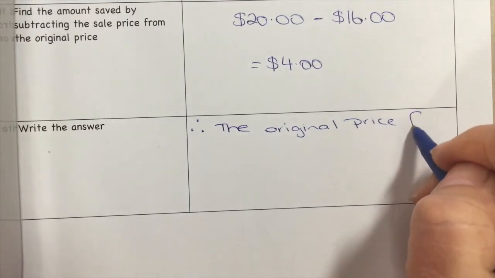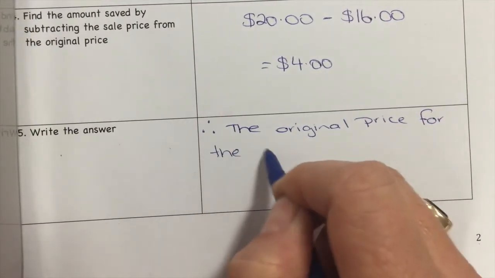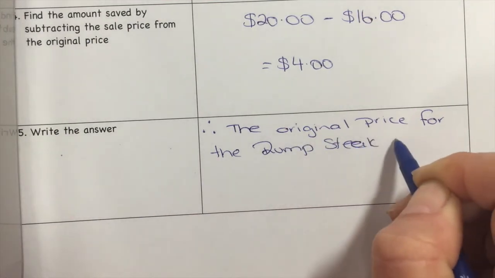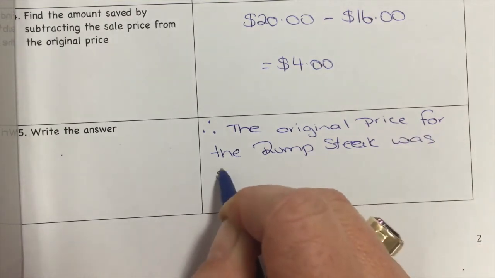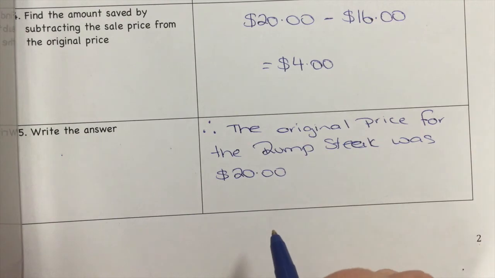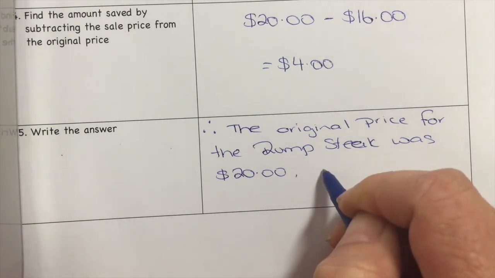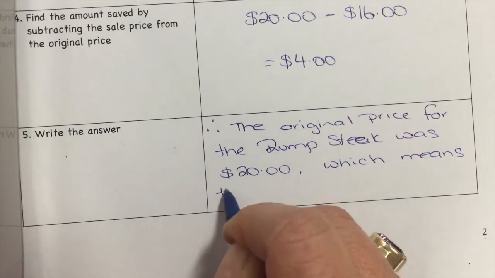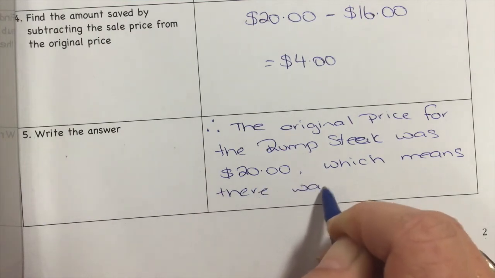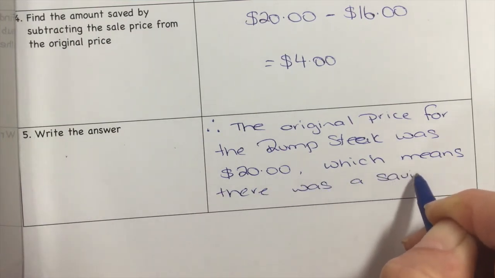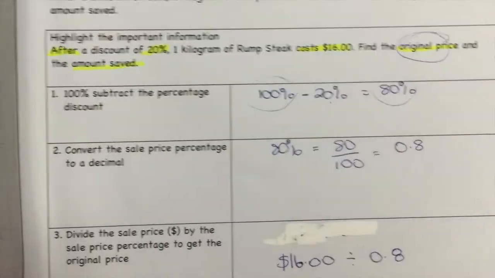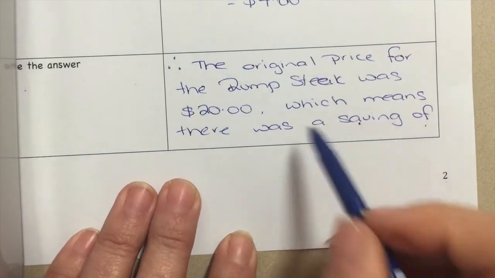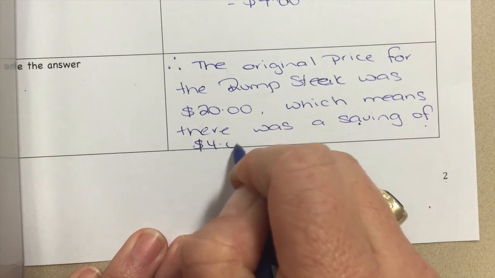The original price for the rump steak was $20, which means there was a saving of, now remember, amount saved, saving of $4.